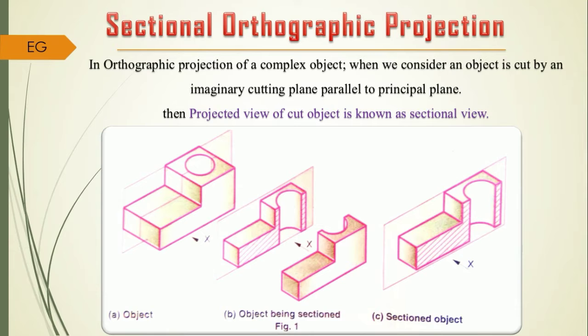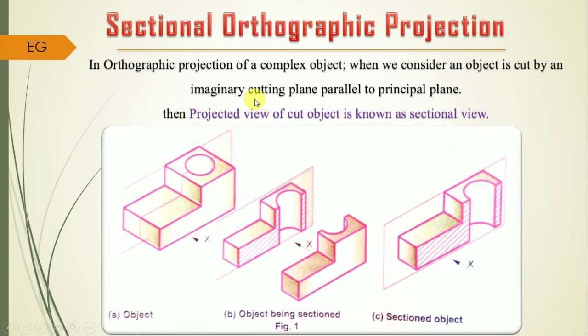So for this case, what we do is consider that the complex object is cut by an imaginary cutting plane which is parallel to one of the principal planes. That principal plane may be vertical, horizontal, or a profile plane.